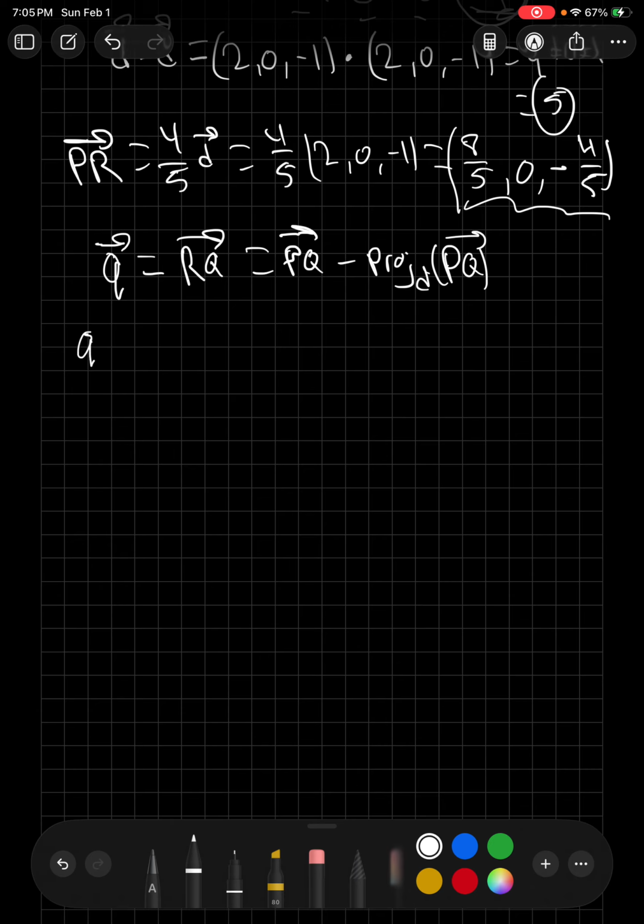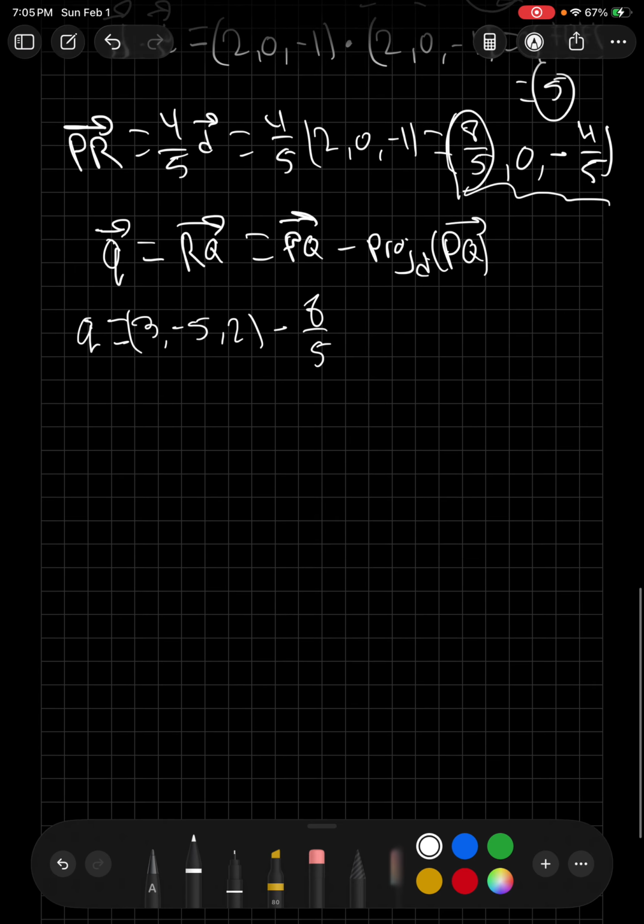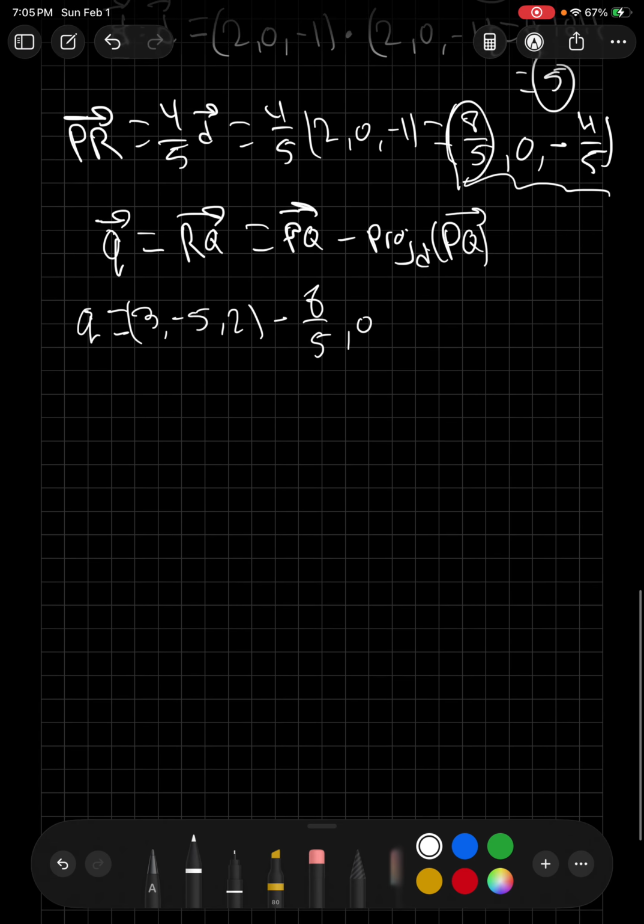So Q is going to be 3, -5, and 2, minus 8/5, 0, and -4/5.